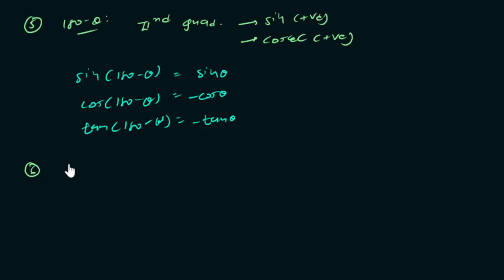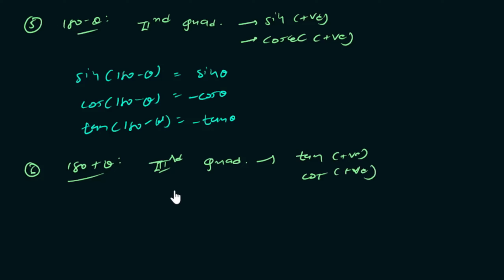Sixth is 180 plus theta. This is the third quadrant. In the third quadrant, tan is positive, and cot is also positive. So now we have sine 180 plus theta, cos 180 plus theta, and last tan 180 plus theta.